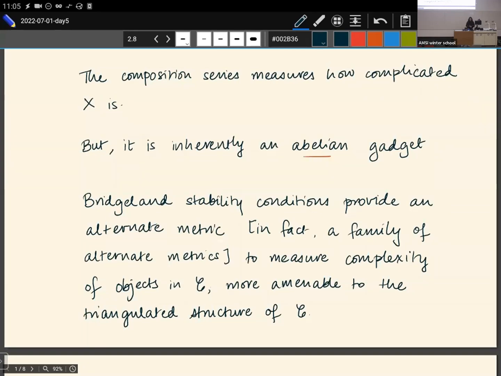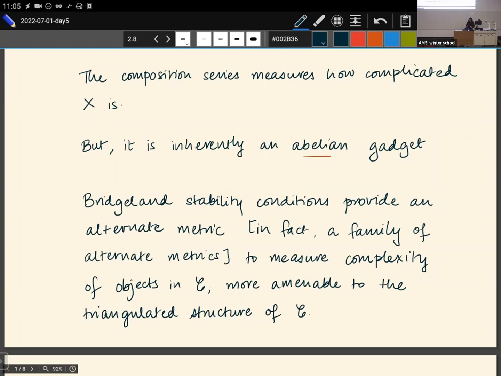You should think of that as some kind of souped-up analog of the length of an object in an abelian category. There are various ways to do this, and then you can think about, if you vary your stability condition, what happens to the sizes of objects relative to what stability condition you're using. So this is one point of view.